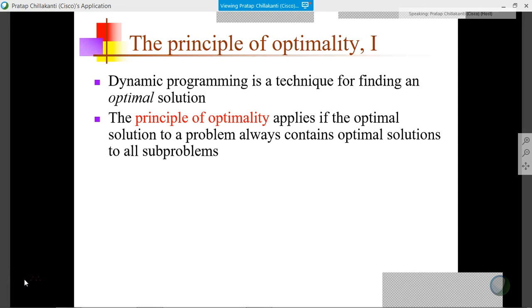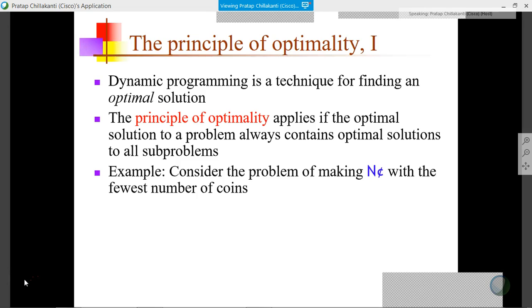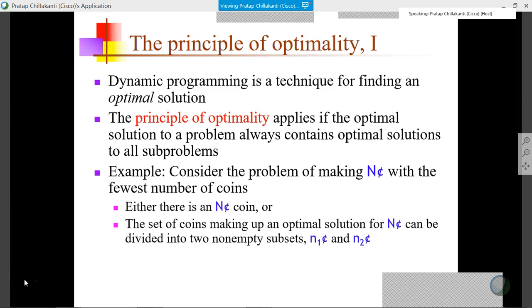Okay, what does it mean? N cents with the fewest number of coins. Okay, so we are saying, hey, if there's an N cent coin, we use that. Or the set of coins making up an optimal solution for N cents can be divided into two non-empty subsets, N1 cents and N2 cents.